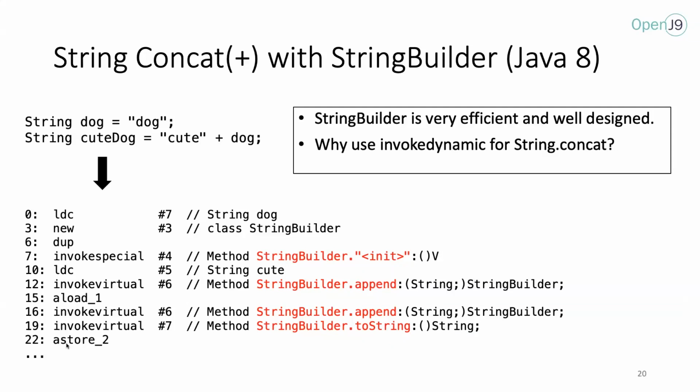If we were to use something other than StringBuilder, we would have to recompile the code, and invokedynamic will allow us to use a more optimized strategy for string concat without recompilation. And the other advantage of using invokedynamic is that it is smaller, less bytecodes are needed, so it takes less footprint.